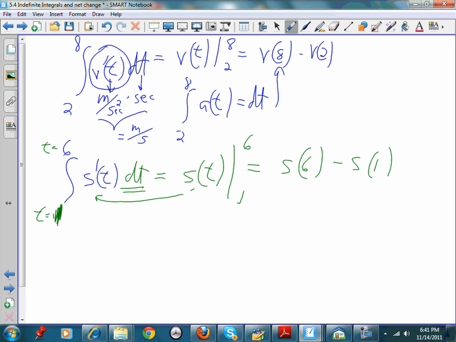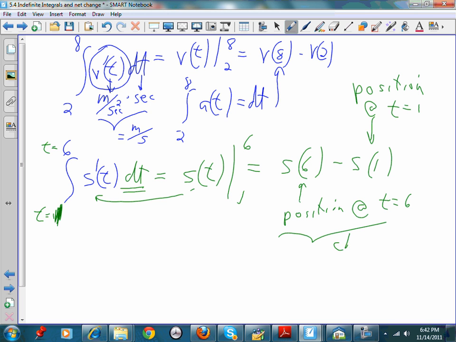Well, what is s of 6? This is the position at t equals 6. This is the position of the particle at t equal to 1. So what is this whole thing? It's the change in position.